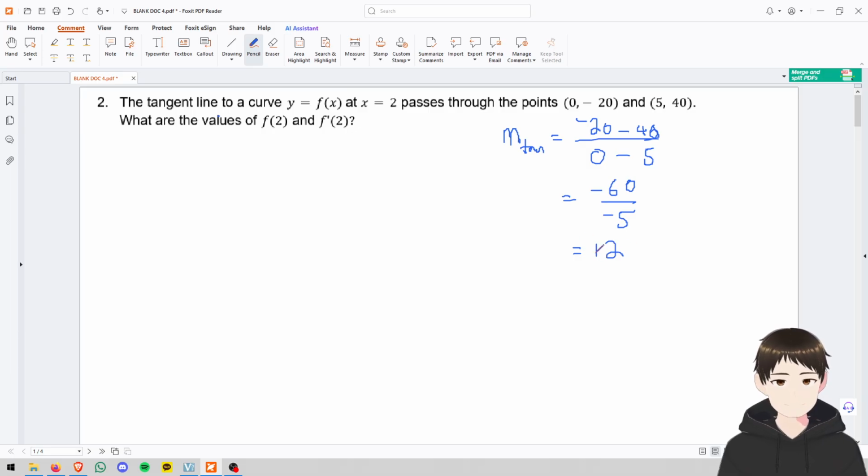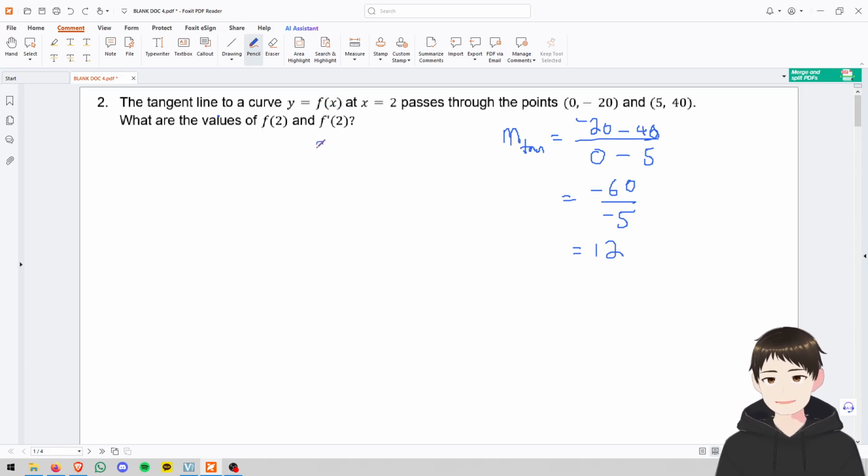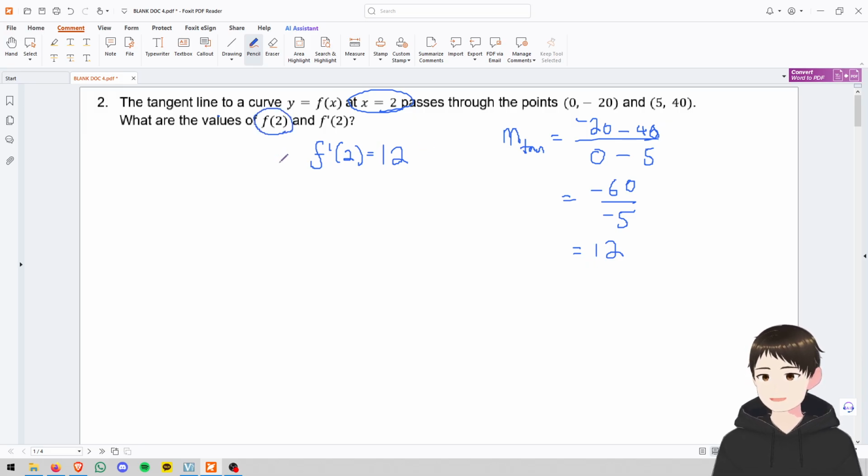Guess what? The slope at any point on this tangent is going to be 12, which means f prime at 2 is going to be 12. They are one and the same because I am talking about the tangent at 2. All right, which leads us to: what is the y value when they don't even give you the function?